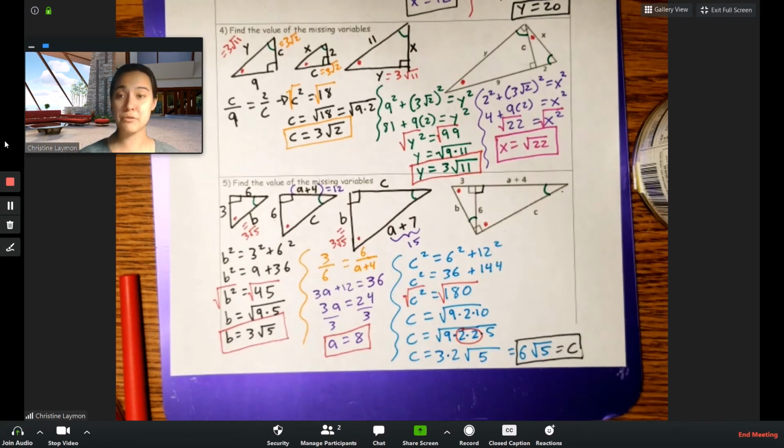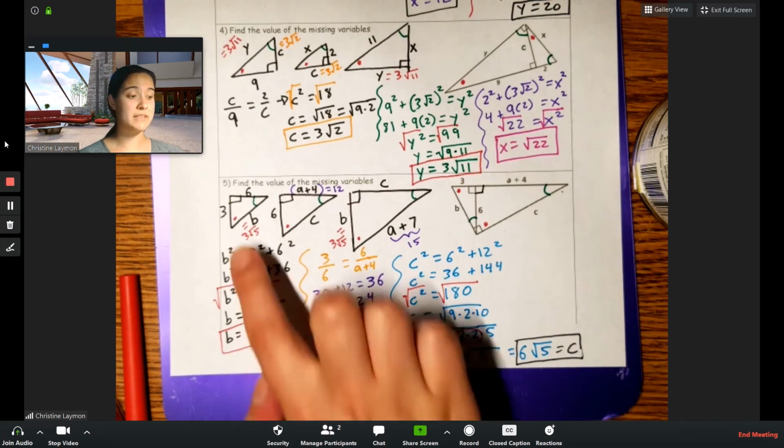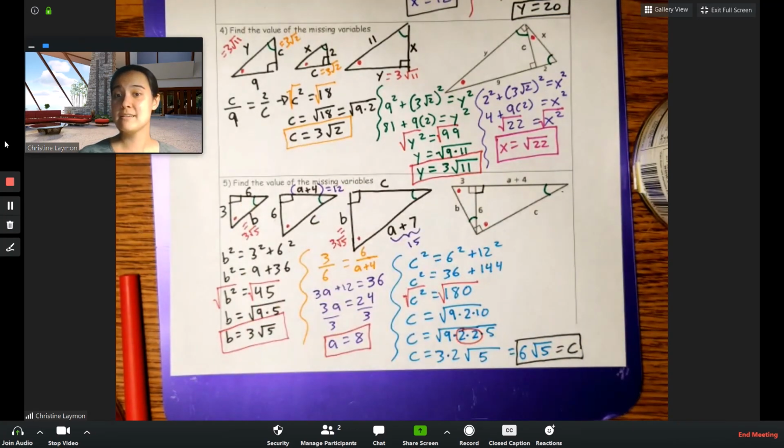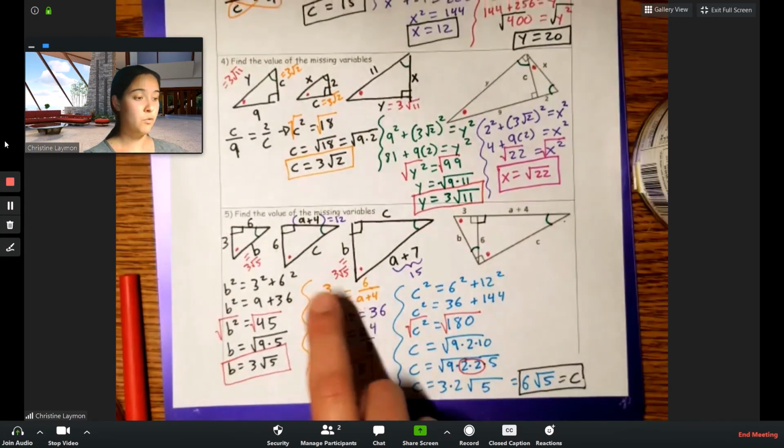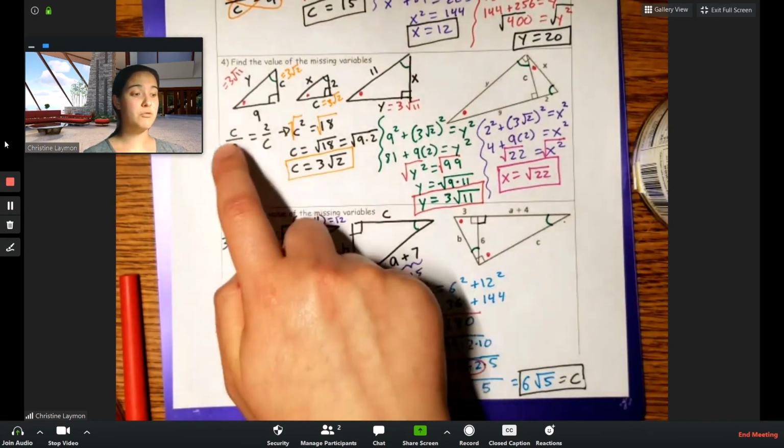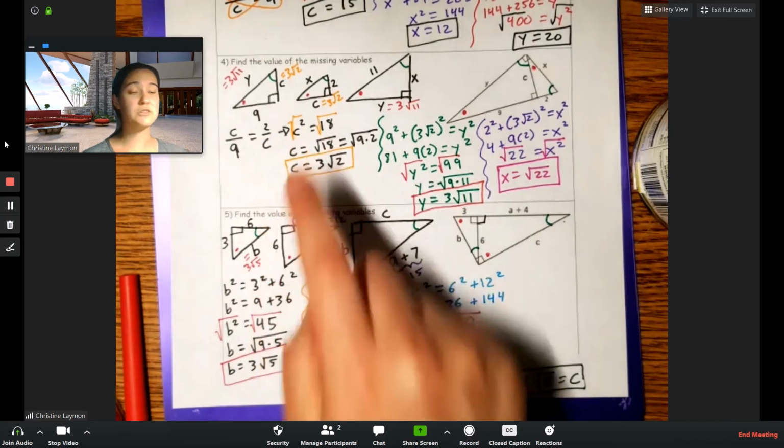And then label the marked angles, then go ahead and put down the missing side lengths. From there, figure out what do things have in common. If they have pure numbers, like these here, that'll be easiest. If not, create a ratio, like we did here, or even here. That way when we cross multiply, I can solve for the variable.